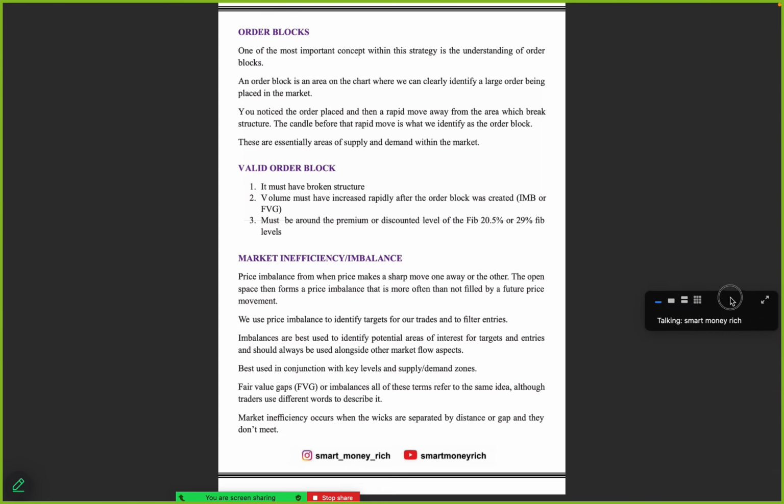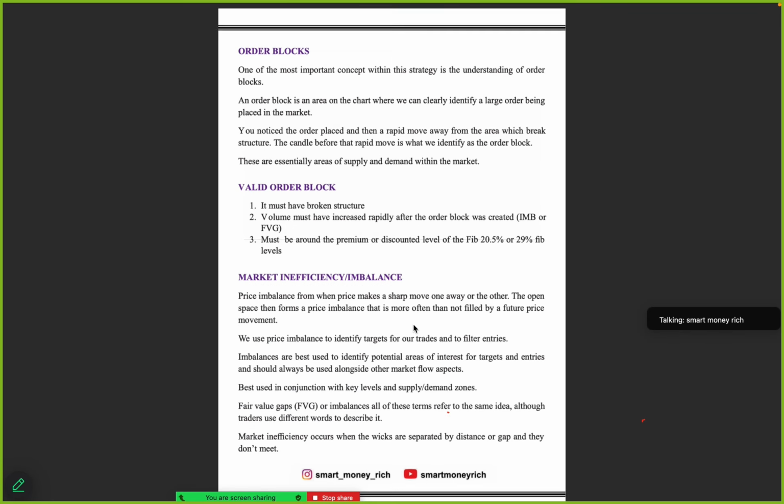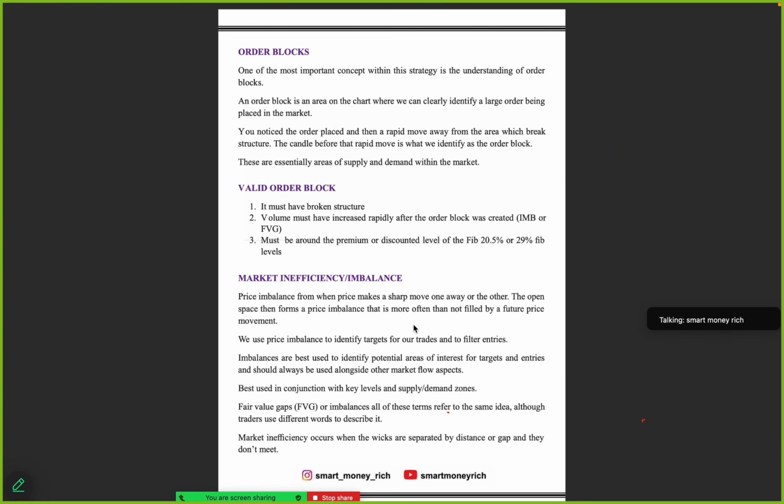What I have on my screen right here says order blocks, and it's also talking about market inefficiency, which is imbalance. So I'm going to teach you today why imbalances are created and how we use imbalances for our entries and also for our exits, because there always has to be an imbalance where we smart money traders are looking to enter or exit a trade.